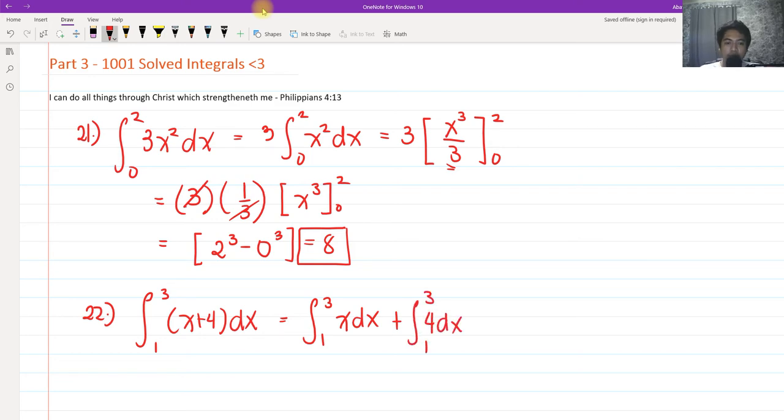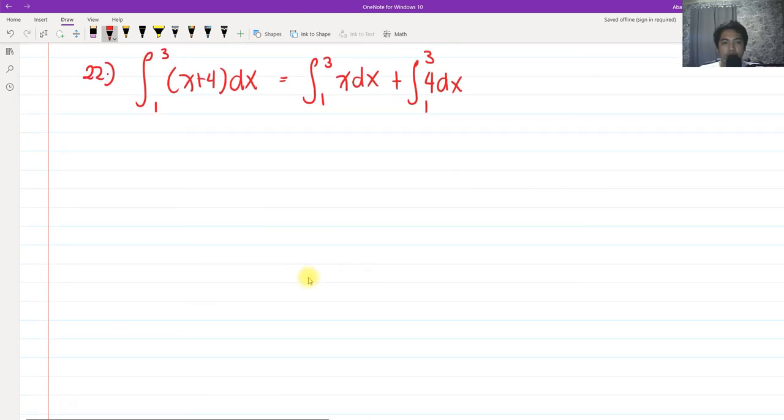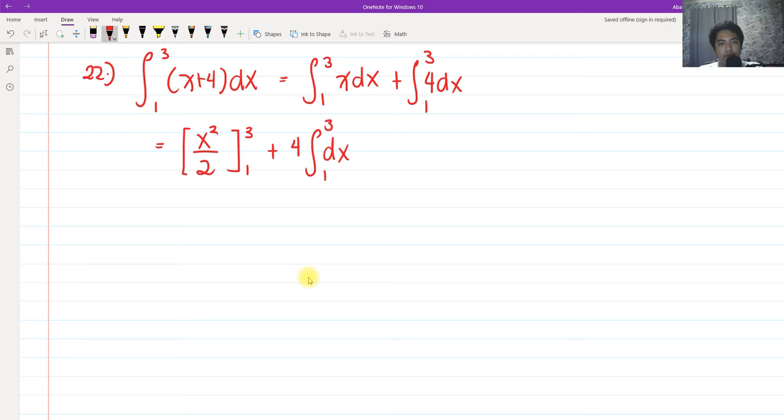In doing this, we are simply making our integral much easier to solve rather than integrating it and then applying the limits. So we have x squared all over 2 evaluated from 1 to 3, plus 4 times the integral of dx, evaluated from 1 to 3.